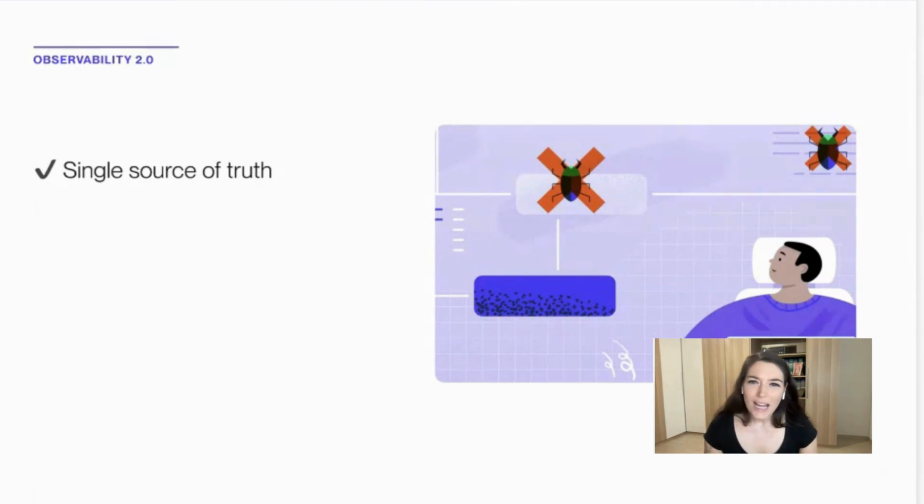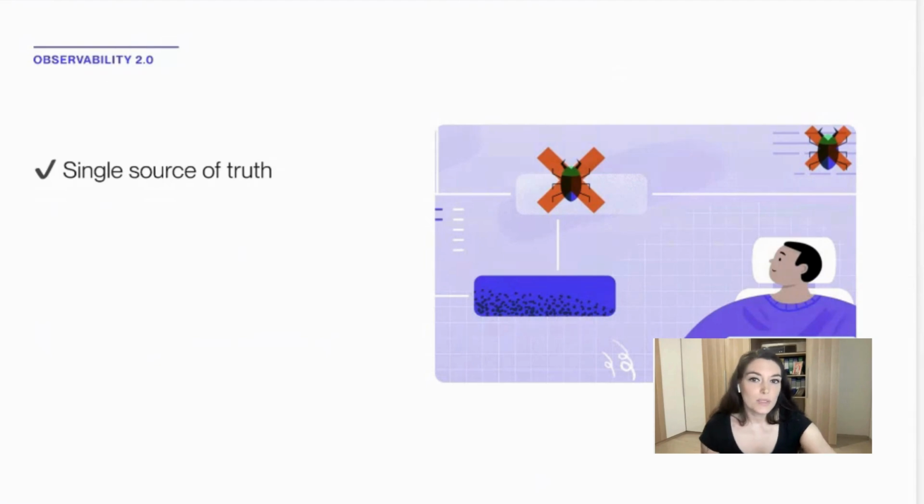And you can derive all other data types, so metrics and traces, from this single source of truth. So in other words, she's saying that you don't need to know all of the questions in advance and then configure your tools to find answers to those questions. Even if you don't know the questions at the right time, you can still find the answers later.